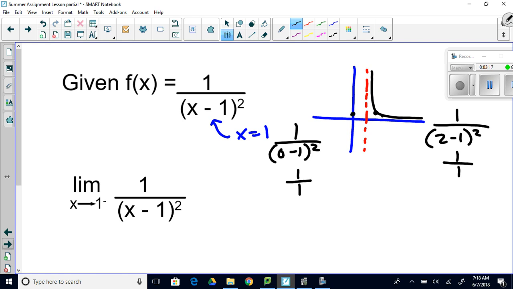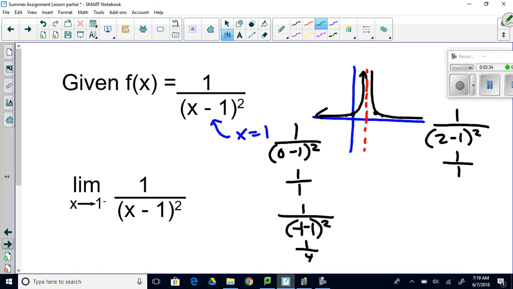If I put in like negative 2 or negative 1, so that's 1/4, so that side's still getting closer to 0. So there's my graph.